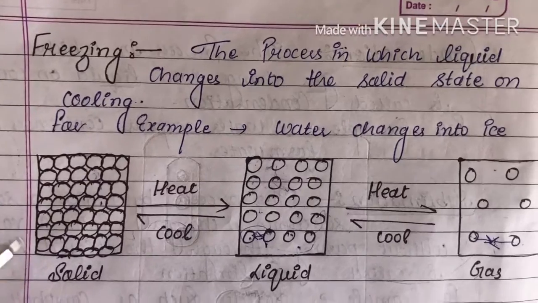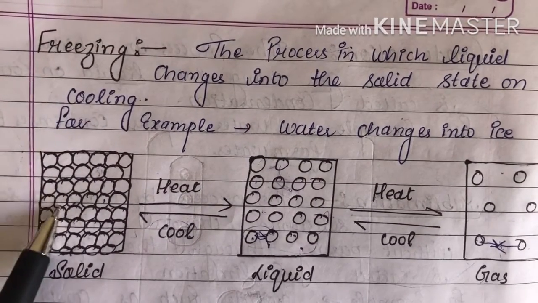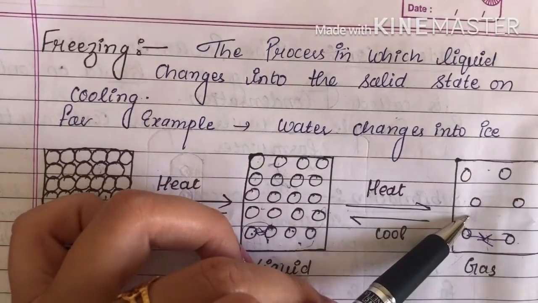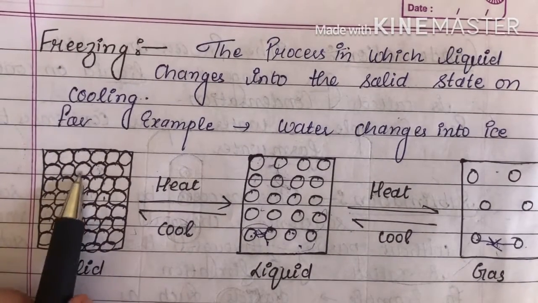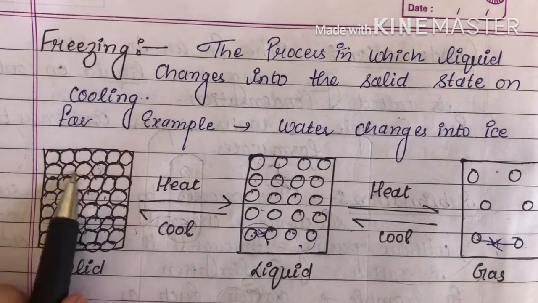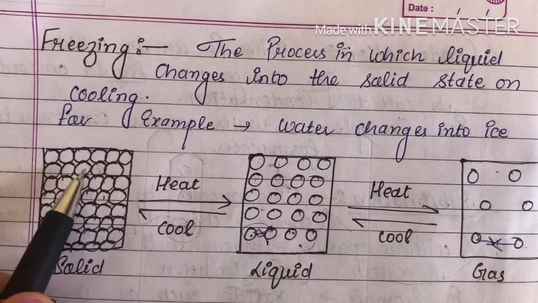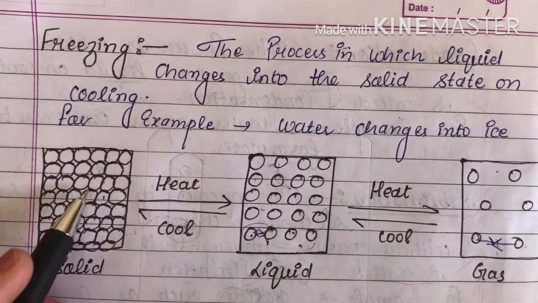Now we will see what happens in the above cases. This is the solid, this is the liquid, this is the gas. In solids, the particles are closely bound and there is very little, or you can say negligible, intermolecular space. So here attraction is more.